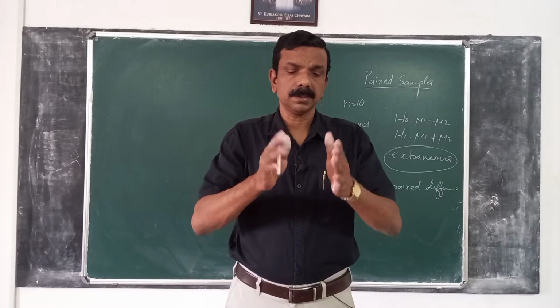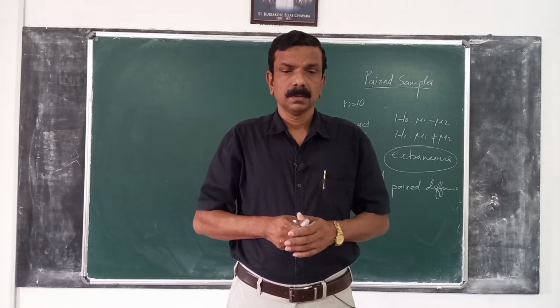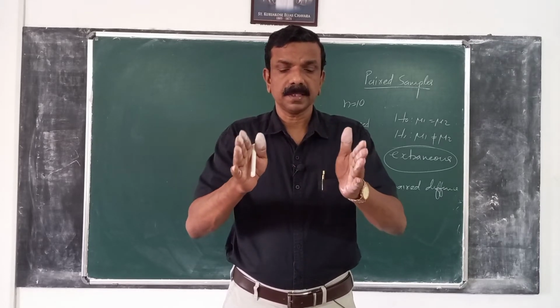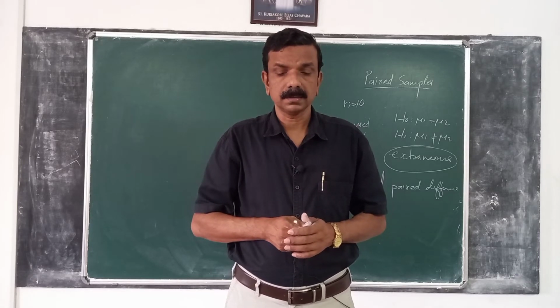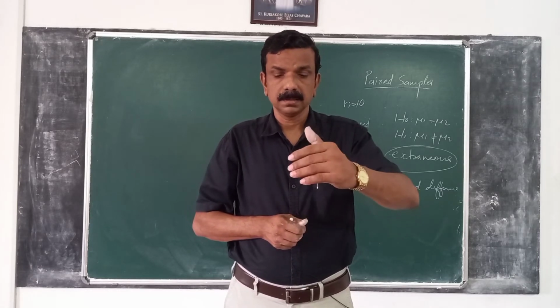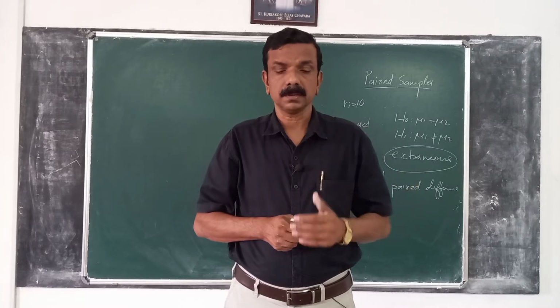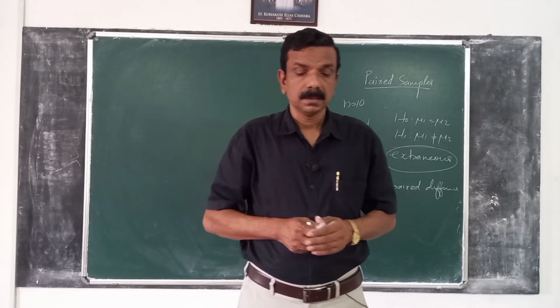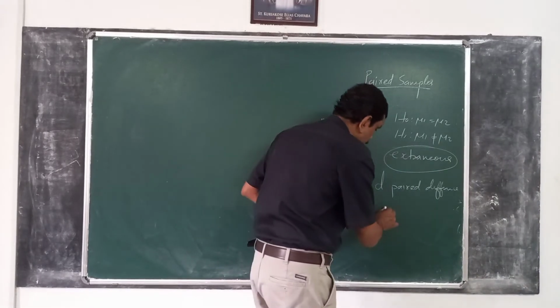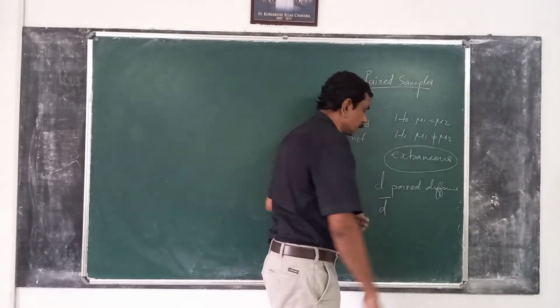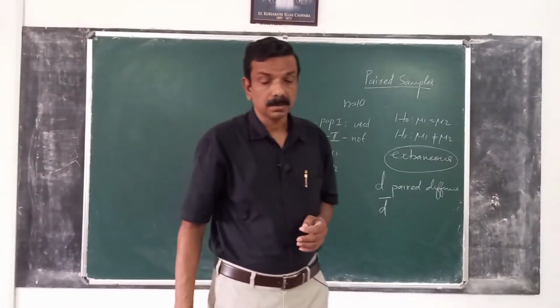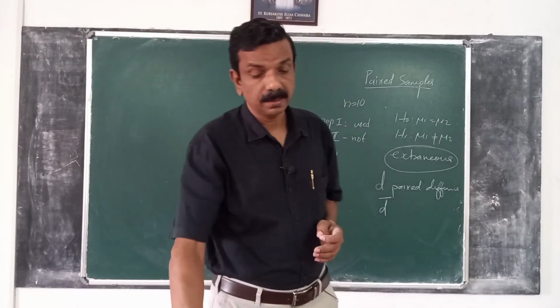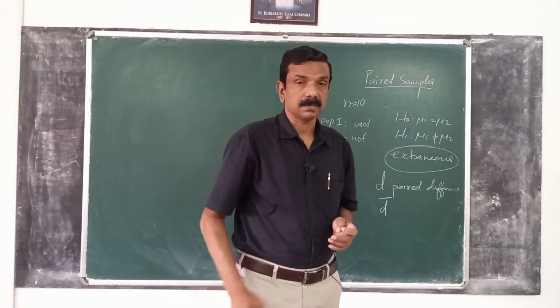If H0 is true, then the paired differences of gas mileage for the car samples should average about 0. That is, the sample mean D bar of paired differences should be roughly 0.